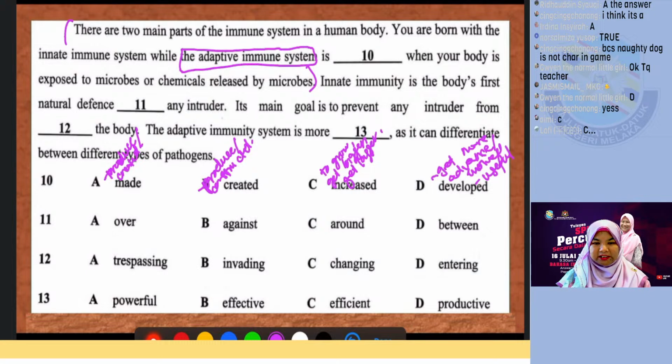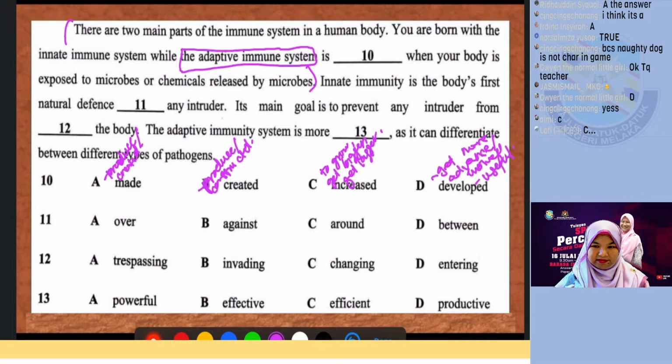This is the trick that I did with my students. I'm not sure whether they still remember it or not, but I've mentioned it once. Especially for this one, can you see A and B have the same meaning? Made means produce or create, and created means produce.